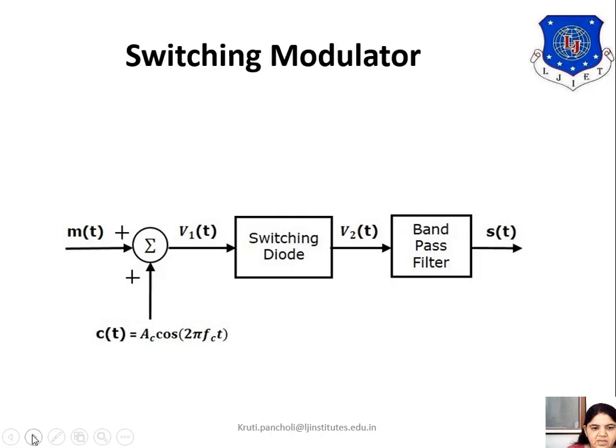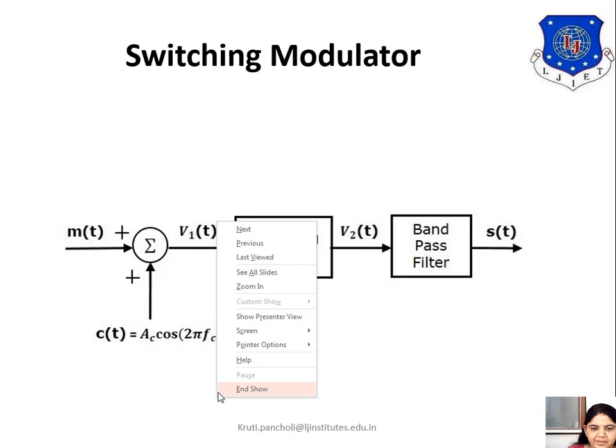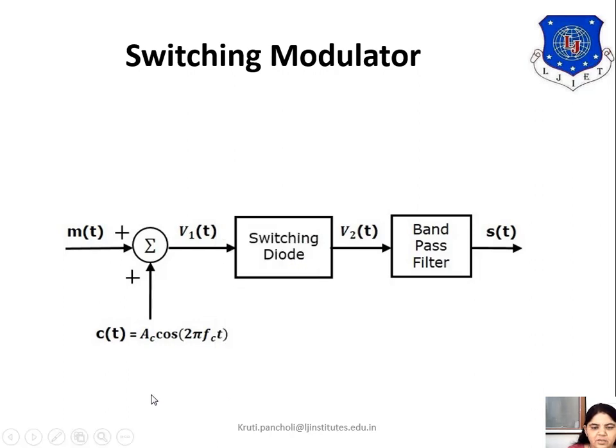The second category is the switching modulator. The switching modulator again uses a nonlinear device, a diode. The diagram is again like the earlier one. m(t) is the modulating signal and c(t) is the carrier signal, and they are summed. The output of the summer is v1(t) = m(t) + c(t), which is applied to the switching diode.